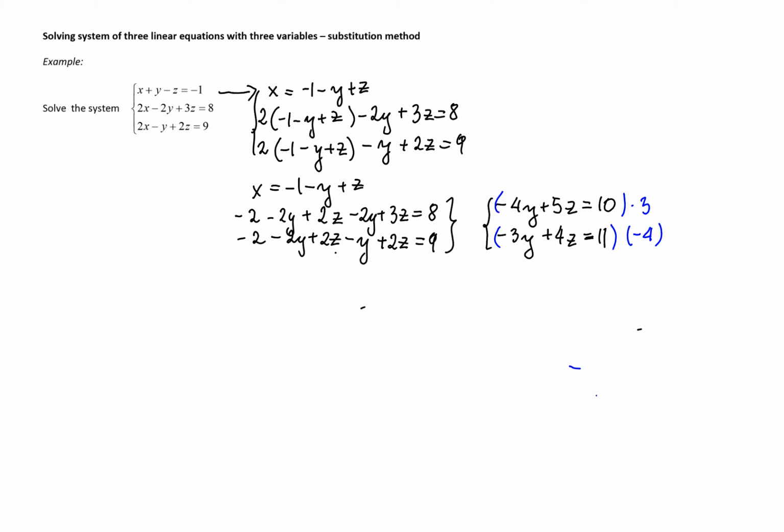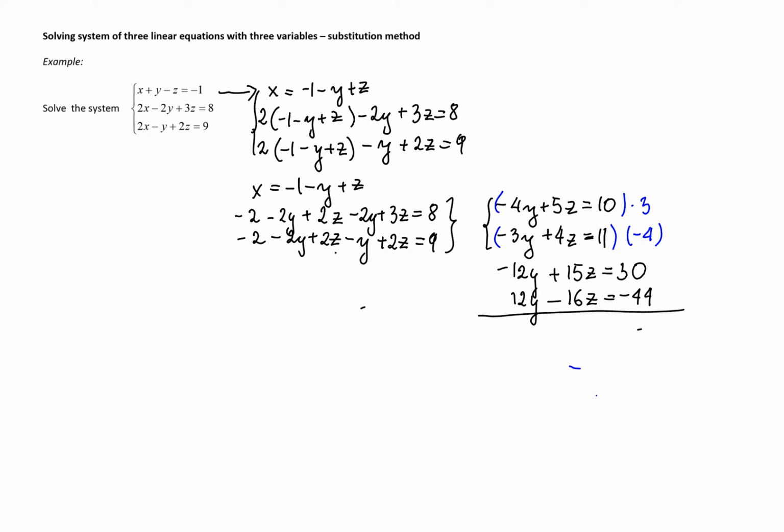The first equation will become -12y plus 15z equals 30. And the second equation will be 12y minus 16z equals -44.